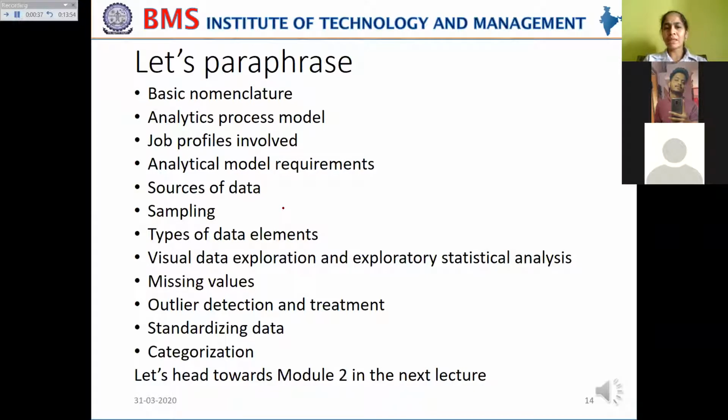We also saw how visual data exploration and exploratory statistical analysis help in preliminary investigation of the data, missing values and how to deal with them, how to detect outliers and remove or treat them, how to standardize the data, and finally categorization that we covered in today's class.